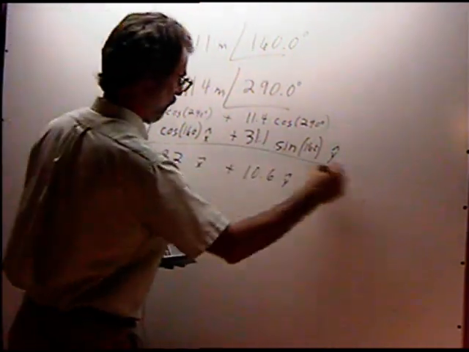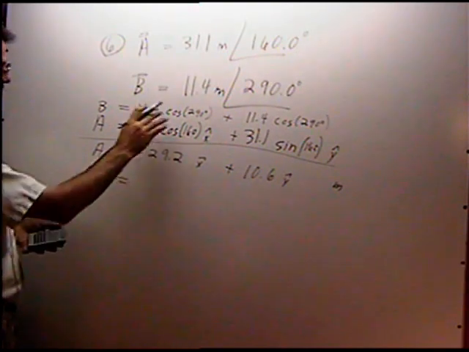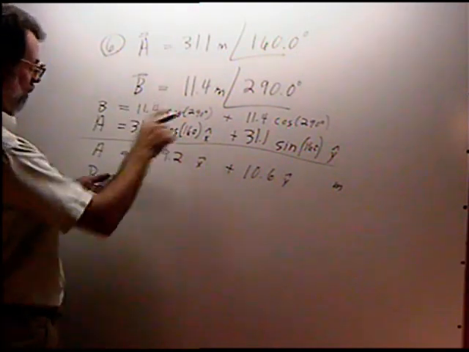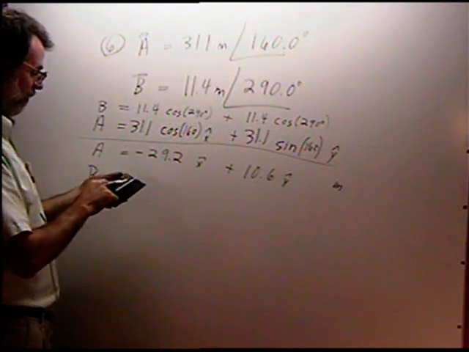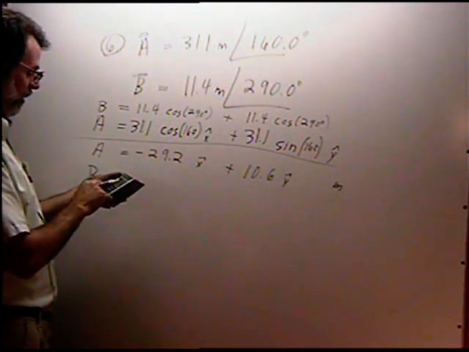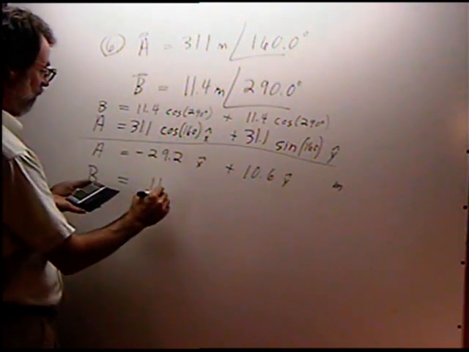Just to separate them, this is A, so B will be cosine of 290 times 11.4.